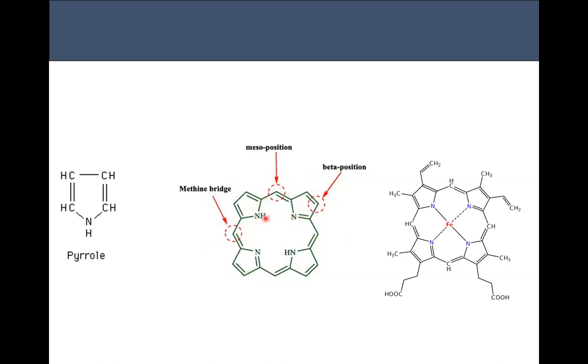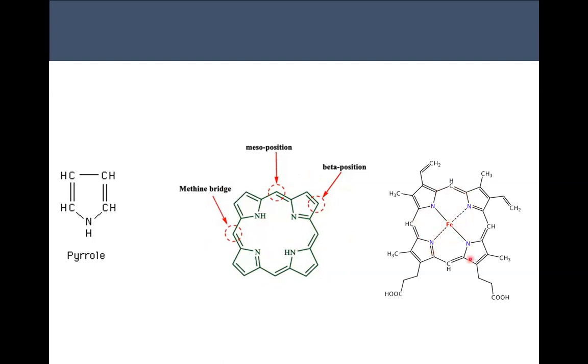And what happens is that the middle of a porphyrin ring is actually slightly negative. And so what that means is that if I have a positive ion, such as the ferrous ion in this situation, which is Fe2+, the ferrous ion can go in the middle of the porphyrin and attach.